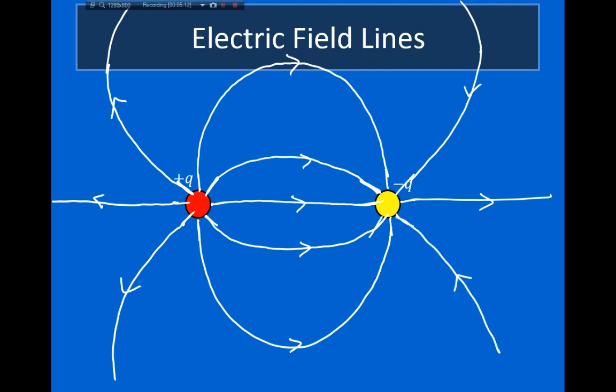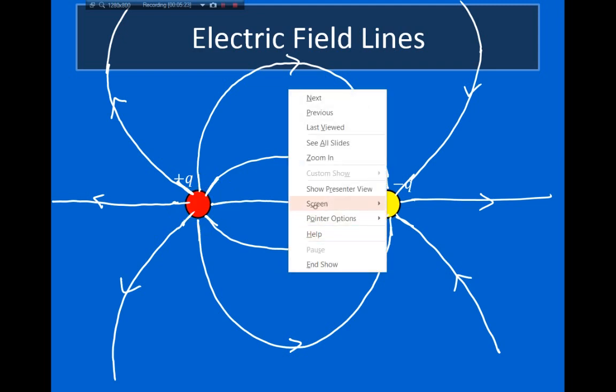Now one other trick that I want to tell you about. I mentioned that if you're really, really close to a charge, the electric field lines basically look like they would if the charge was just by itself. It turns out that if you're really, really far away, you can basically treat the two charges as sort of like a sum.